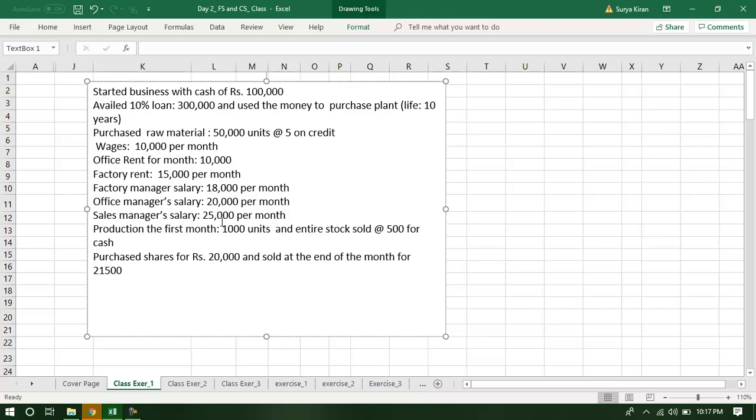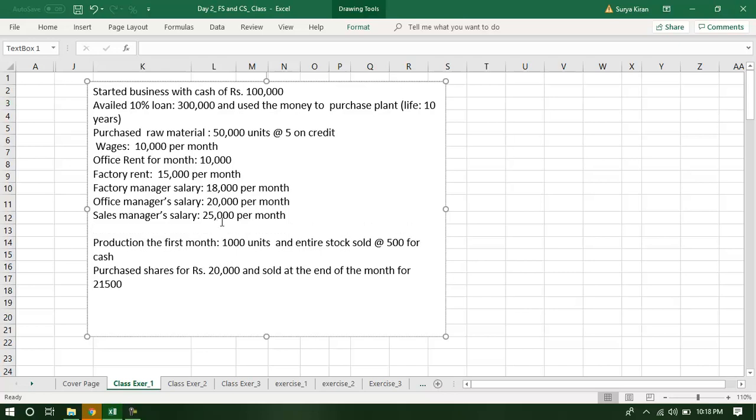And by spending all this amount and this material of 50,000, the company produced during the period 1,000 units and sold that entire stock at the rate of 500 rupees per unit.